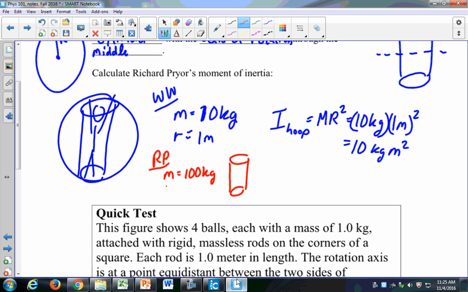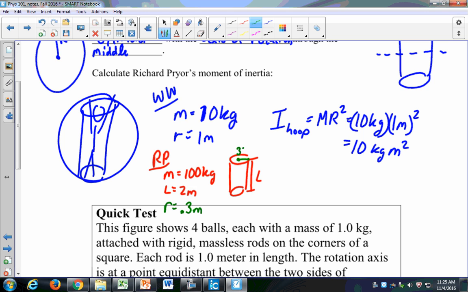So we'll say that the length, the distance from here to here, is 2 meters. And then you also need to know the radius. From here out to here, it's roughly maybe 20 or 30 centimeters. I'll assume 30 centimeters. So the radius then is 0.3 meters.